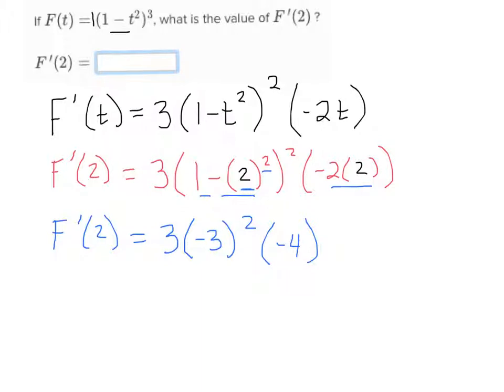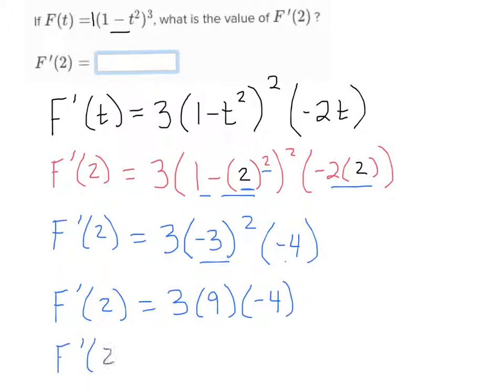Okay, let's keep evaluating. f prime of 2 equals 3. Negative 3 squared is 9 times negative 4. And so f prime of 2 equals 3 times 9 is 27 times negative 4 is negative 108.